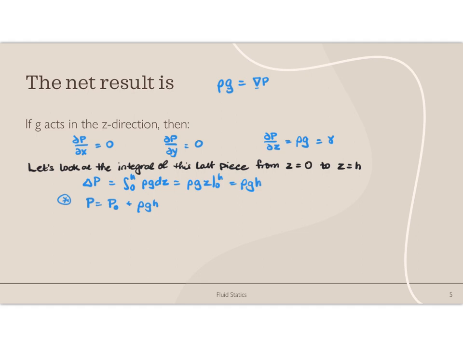It's very useful to have. A lot of times this P naught is going to actually be the atmospheric pressure, but it doesn't have to be. So it's the atmospheric pressure or some known value of pressure at a point.